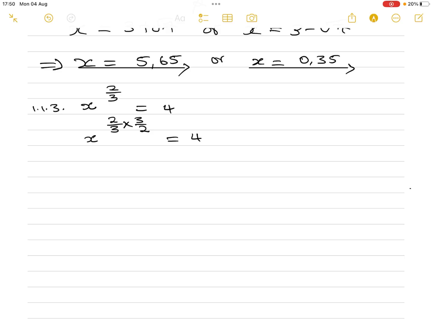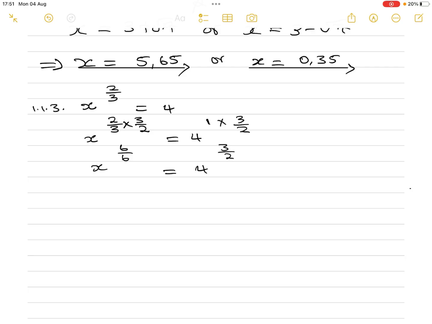So it is the same as 4 here, to the power of 1 times 3 over 2. Now 2 times 3 is 6, 3 times 2 is 6. And now I have 4 to the power of 3 over 2.